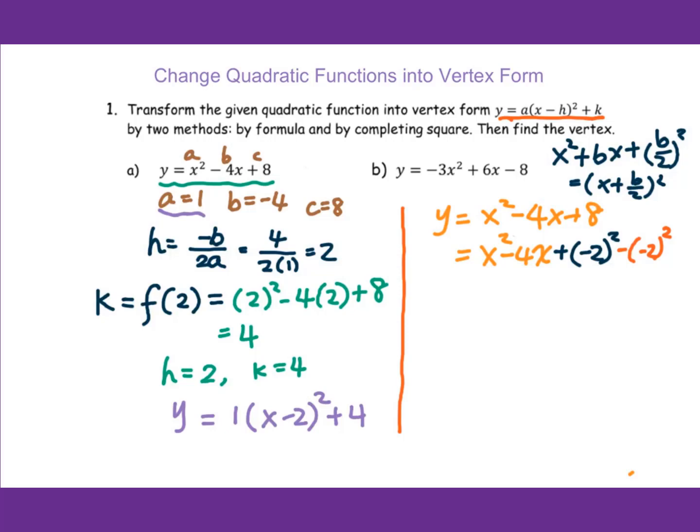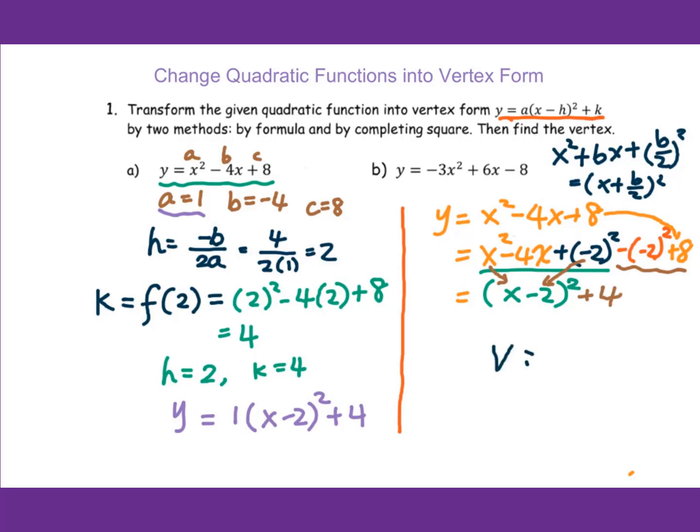Then bring down the 8, plus 8. These three give you the completing square, (x minus 2) squared, because from here is x, from here is negative 2. Work this out, you will get plus 4.